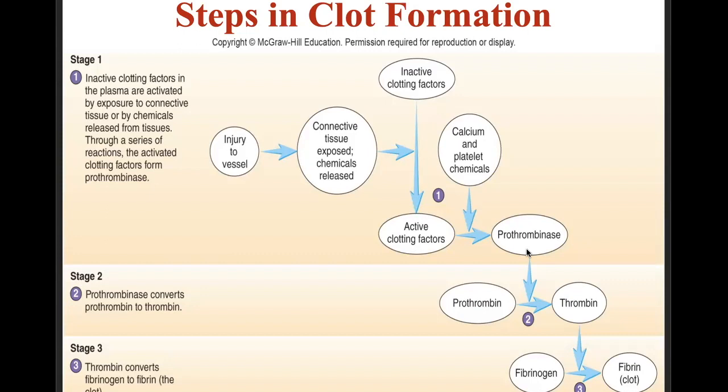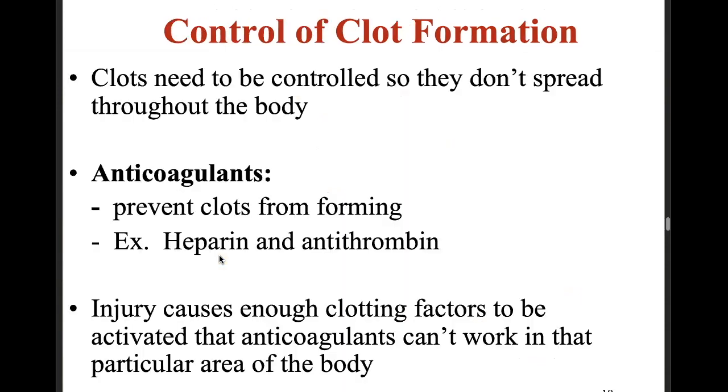Now, the prothrombin is switched to its active form, which is your thrombin. The thrombin activates your fibrinogen into its active form, which is the fibrin. Now, the fibrin forms a network that traps your blood. Okay, so that is the steps in your clot formation.